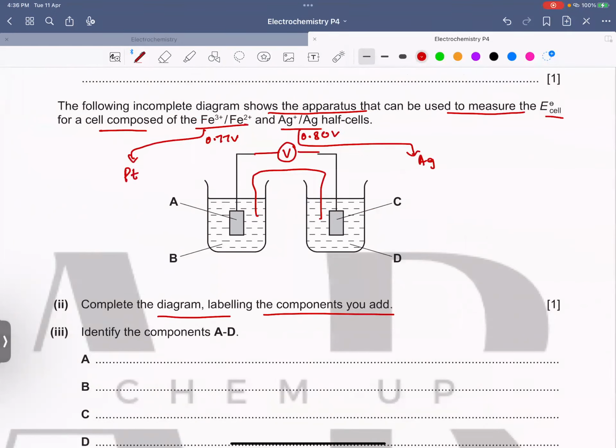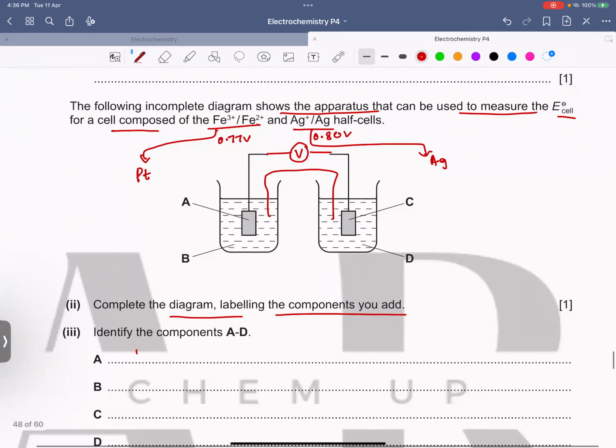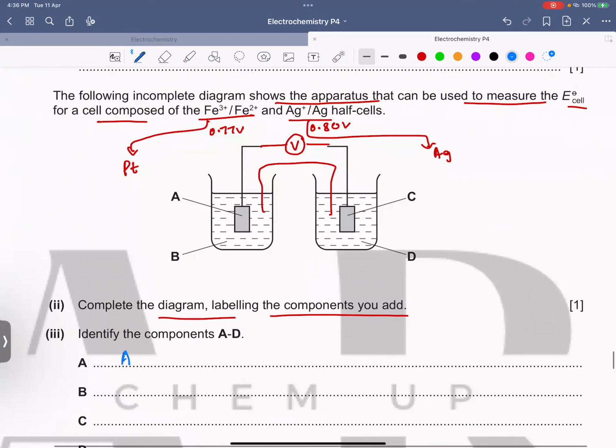So if I am taking A, let's suppose, as silver, then B would be the electrolyte of silver, and the most soluble electrolyte is a nitrate of any salt, so it would be silver nitrate. Or otherwise I can write platinum as A, and then B has Fe3+ and Fe2+ ions.